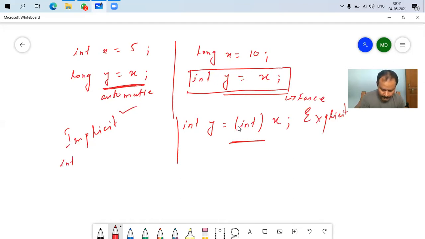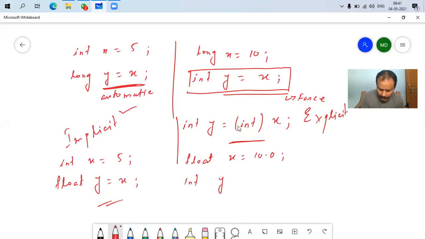Okay, now take another example. Int x equals to 5, we can easily convert it to float, this is easy, अपने आप होगा. But if this is like this, then we need to apply force. यहाँ पे force apply करना पड़ेगा. Why? Because it is int and float.